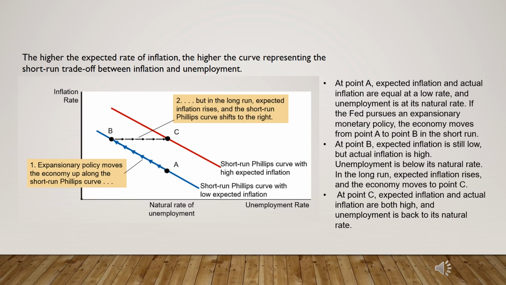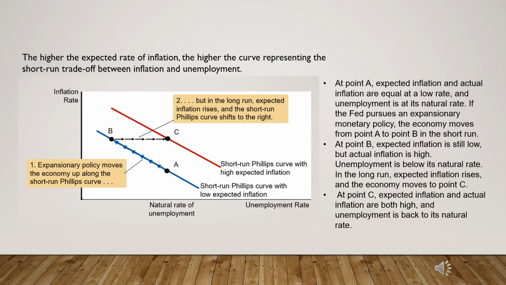This situation, however, will not last long. Over time, people get used to this higher inflation rate and they raise their expectations of inflation. When expected inflation rises, firms and workers start taking higher inflation into account when they set wages and prices. In the short run, the Phillips curve then shifts to the right as shown in this graph.